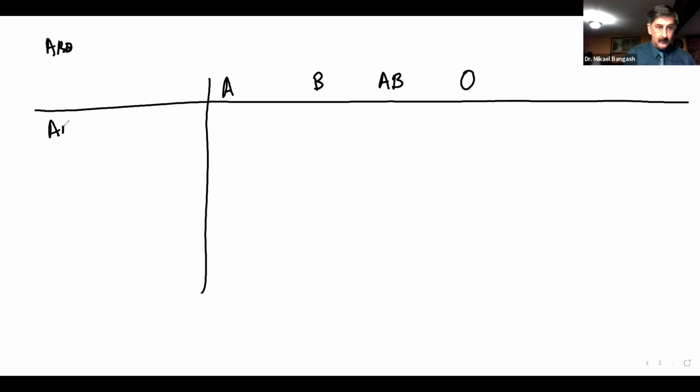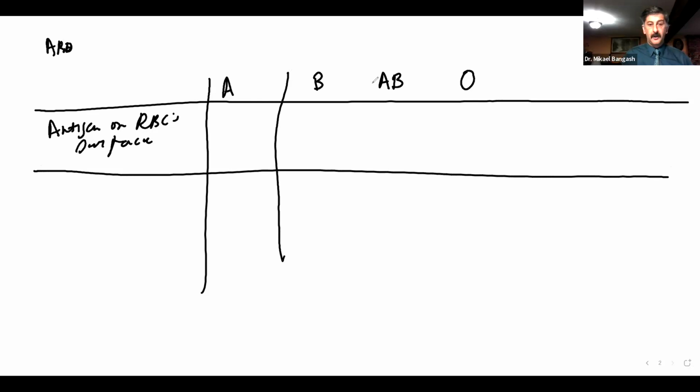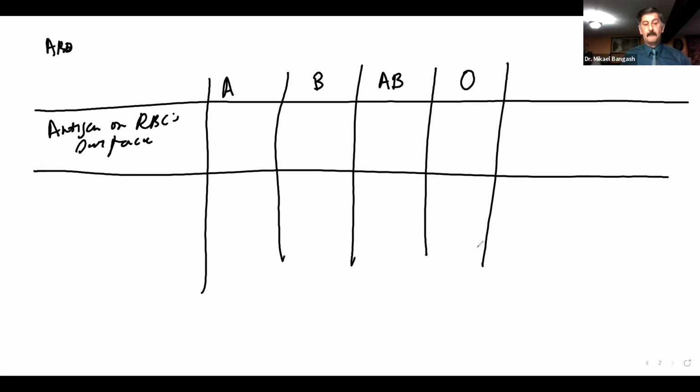So we can mainly say, the antigen on the red blood cell surface, and as we said, for blood group A, blood group B, blood group AB, and blood group O. Now, basically, the two major types of antigens that determine a blood group found on the surface of the RBC are the A antigen, or antigen A, and the B antigen, or antigen B. Okay, these are the two major types of blood grouping antigens that can be found on the surface of the red blood cell.